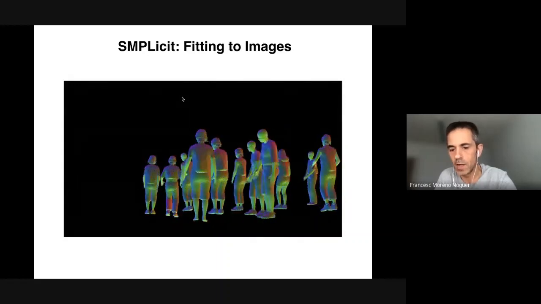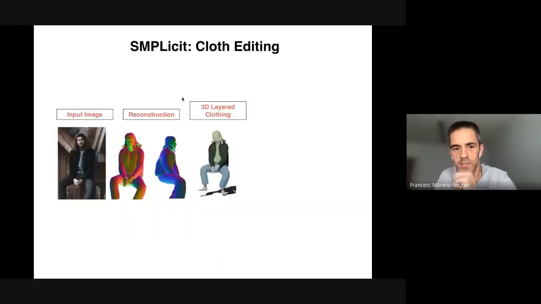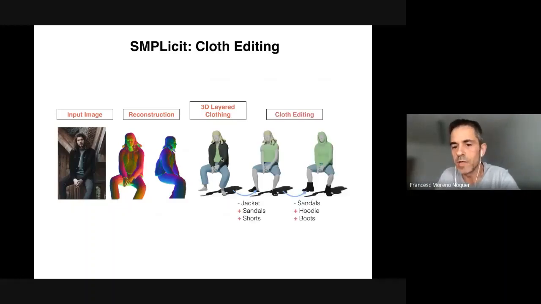And another application of this work is that since from this single image we achieve the reconstruction of the clothes, but also the semantic interpretation, we can then perform cloth editing, which, for instance, means in this case, we could switch or change the jacket and put a t-shirt or add sandals or shorts.